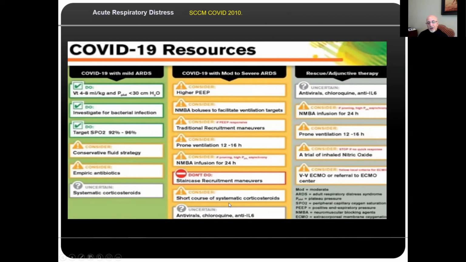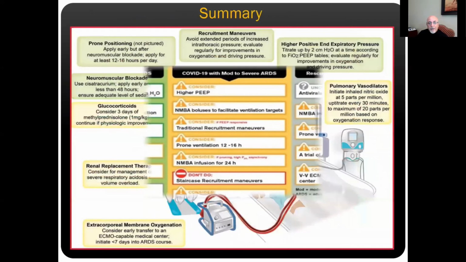And one may consider a short course of systemic steroids, generally 2 milligrams per kilogram of Solu-Medrol per day. Antivirals, chloroquine, anti-interleukin-6 are highly debatable, and one would discuss this at your own institution, whether to implement them. One should also consider referral for VV-ECMO in young patients who are appropriate candidates for ECMO or ECCO2R.